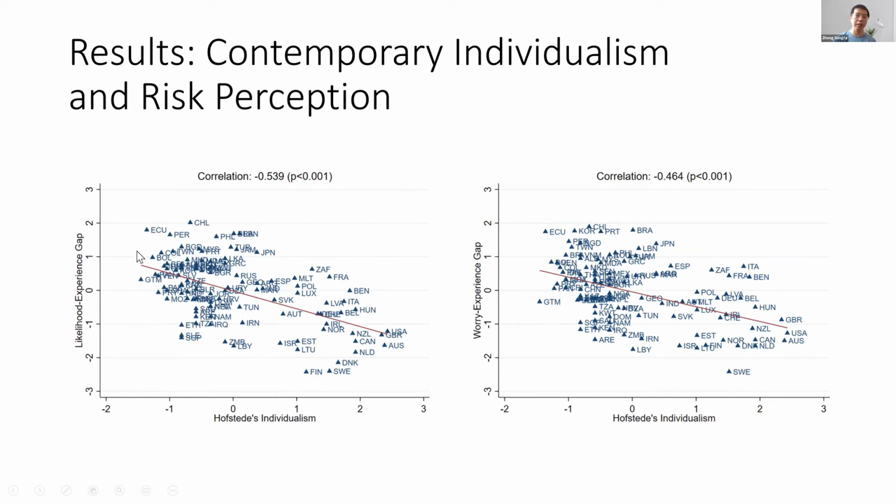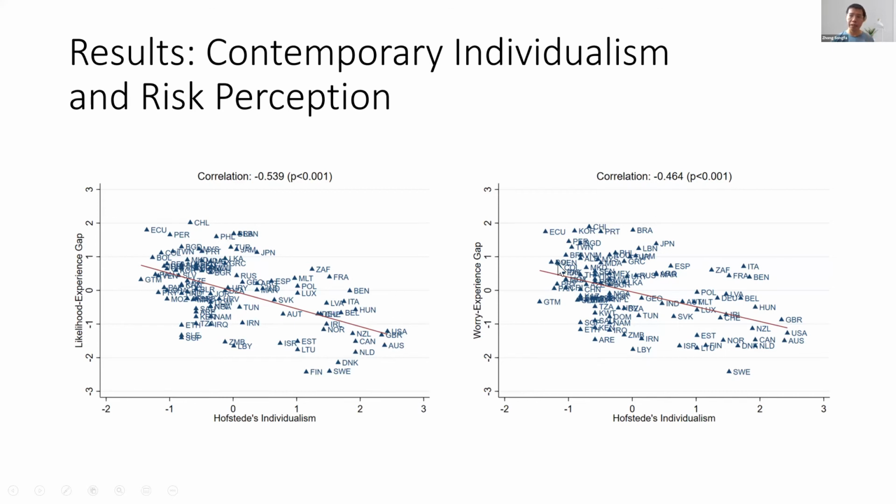And you can see here there is a negative relationship. So when the individualism score gets higher, the gap between the likelihood and experience tends to be smaller. On the other hand, when the individualism score is lower, for example in a collectivist culture, they tend to have a bigger gap.